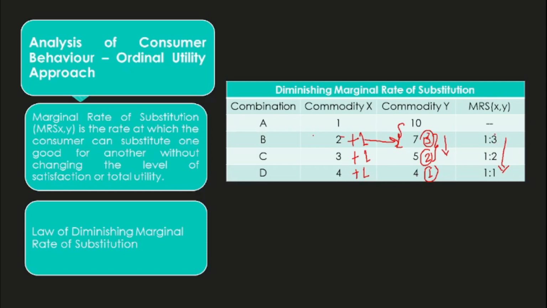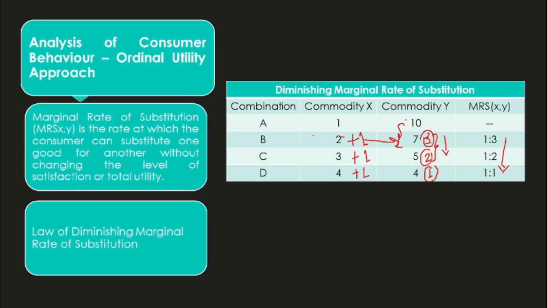Earlier you forewent 3 units of commodity Y for 1 unit of commodity X, then you sacrificed only 2 units of commodity Y to gain 1 more unit of commodity X, and in the last case only 1 unit of commodity Y has been sacrificed for 1 more unit of commodity X, and it brings both commodities to an equal footing. So marginal rate of substitution is there.